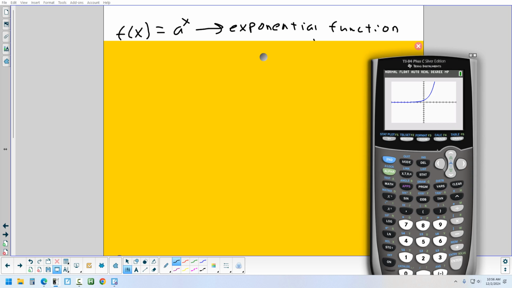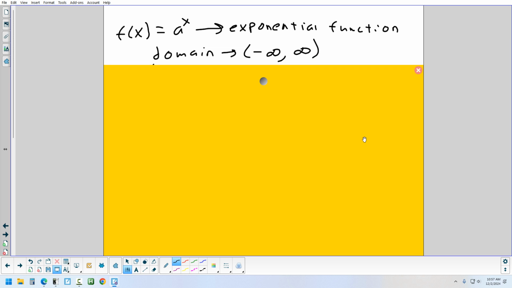If we set y max higher, like 2,000, you'll see that it definitely looks like it goes further to the right than it did before. Now it's at 10. So it does keep going to the right forever, but it starts to curve up.